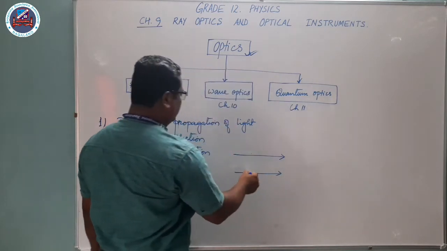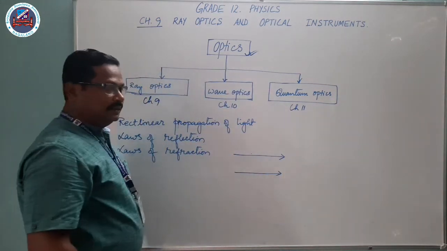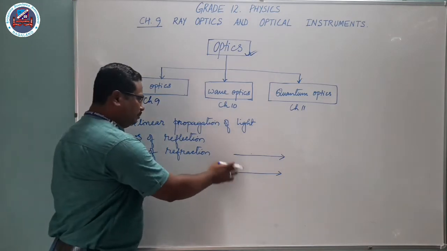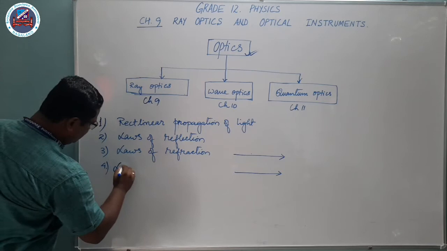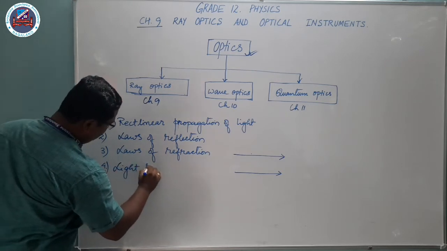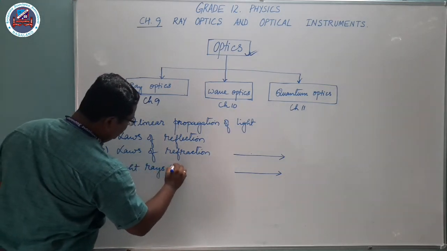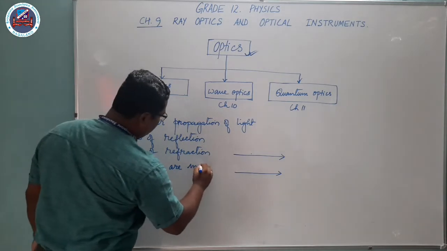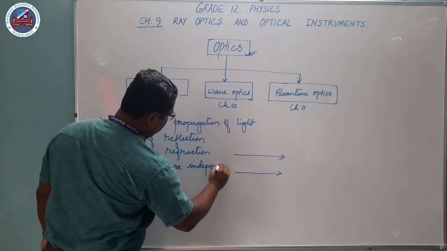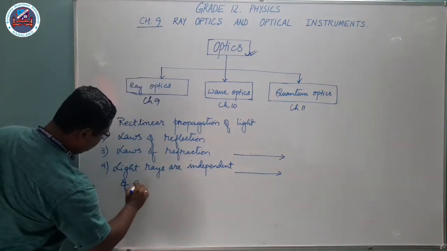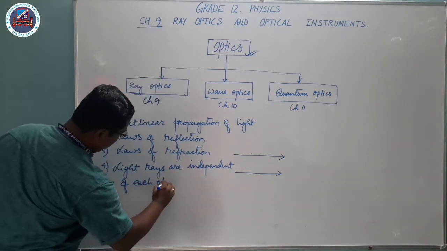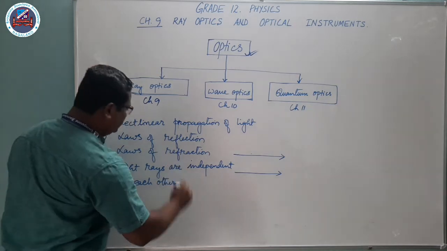They are independent of each other. They do not depend on each other. Both light rays, we will have to treat them individually. Light rays are independent of each other. These are the basic assumptions that you have to take.